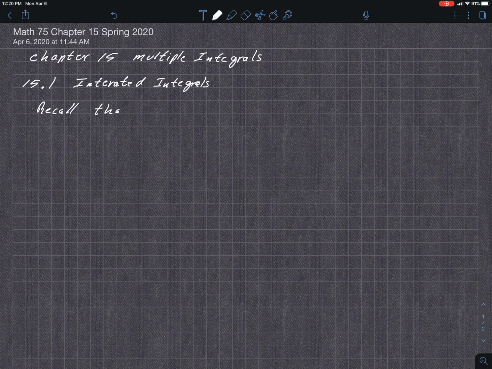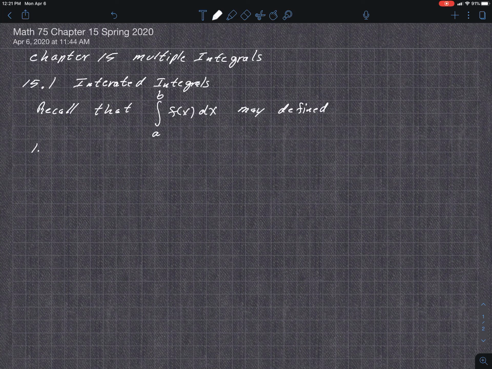So first recall that if you have the definite integral from a to b of f of x dx, that may be defined as follows. This is kind of just a review of how we look at it. We look at the interval from a to b.